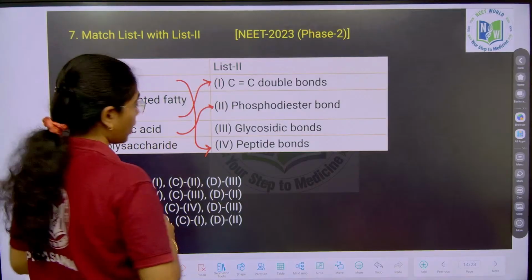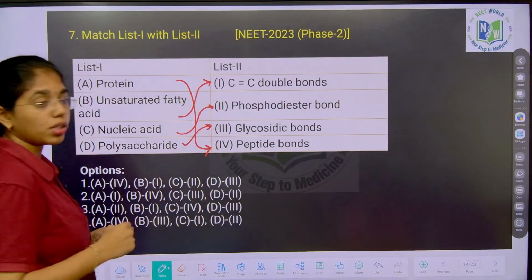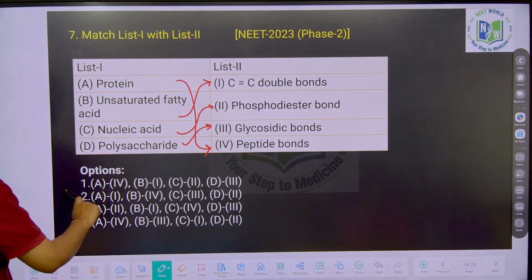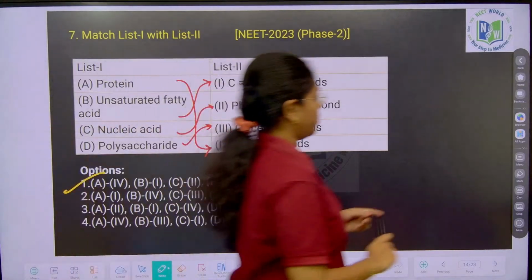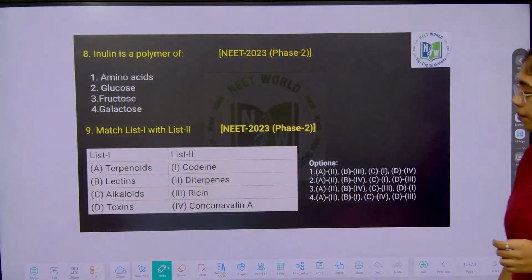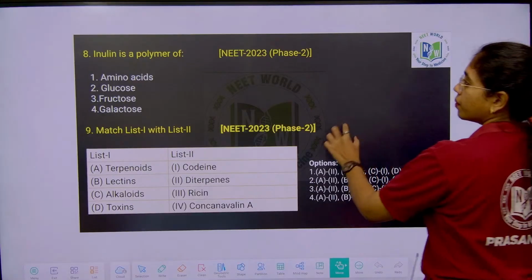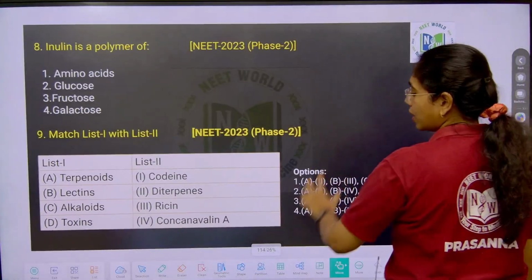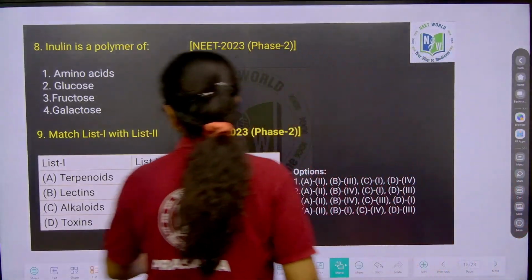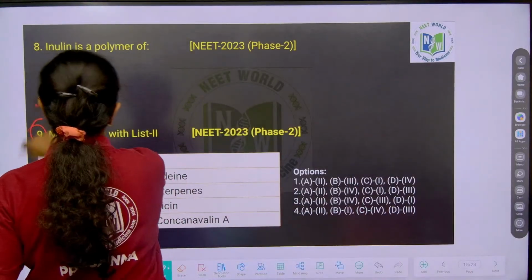Polysaccharide, glycosidic bond. Tell me the right answer. Inulin is a polymer of fructose. Next.